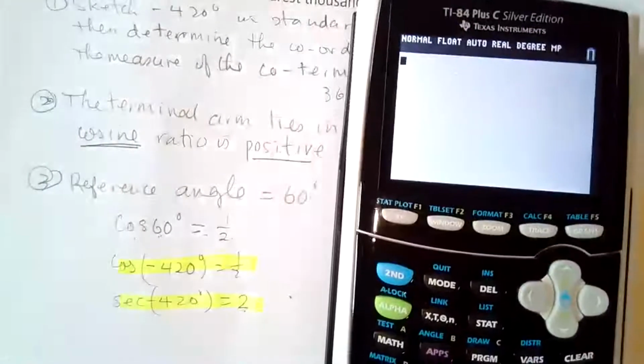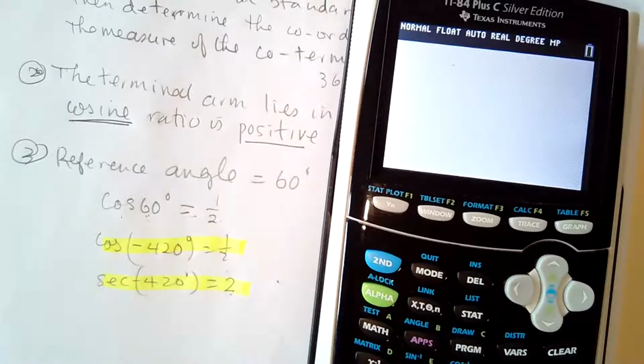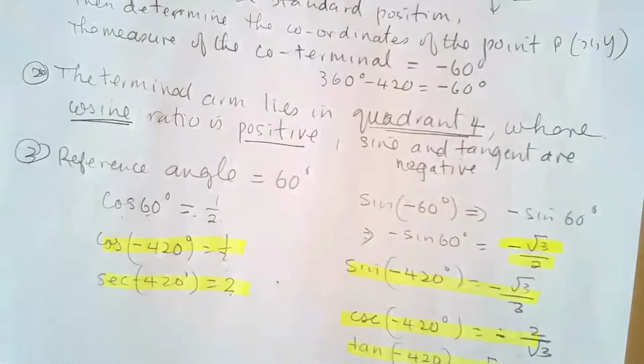For example, we have cos of 586. We press cos of 586. It gives us negative 0.69 approximately, etc. Now, to find the secant of that, it'd be 1 over cos, etc. So I'll let you try that out using your calculator.